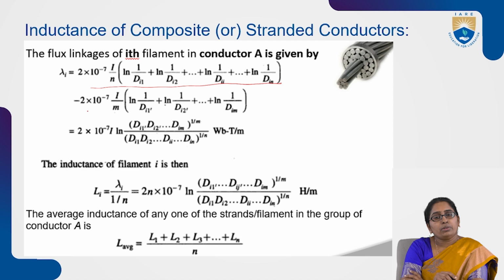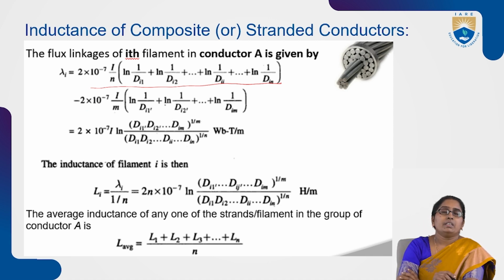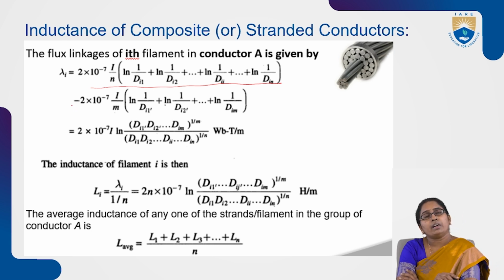Then, because we know that there is conductor B also, just beside, we have to consider the flux linkages due to that also. So that's why the current in the conductor B is minus I by M, we know.